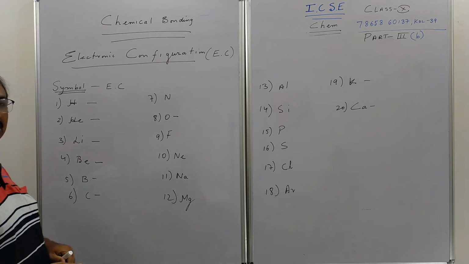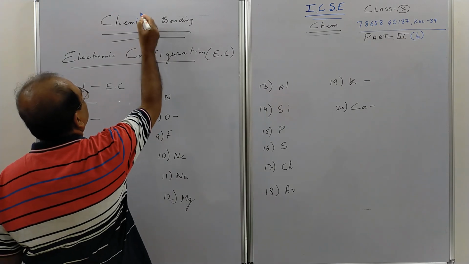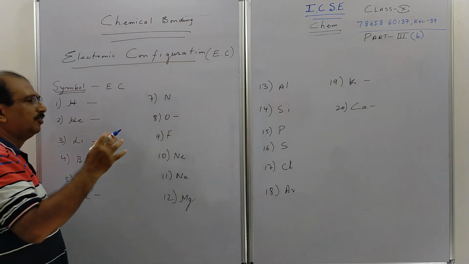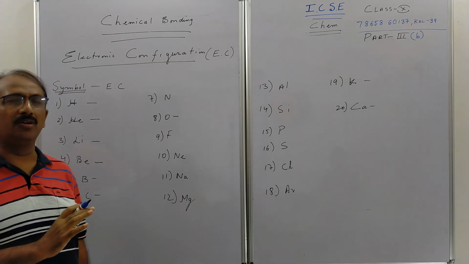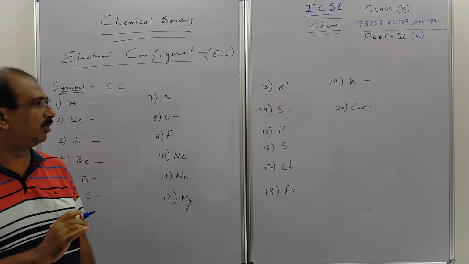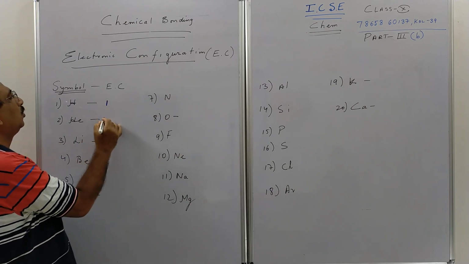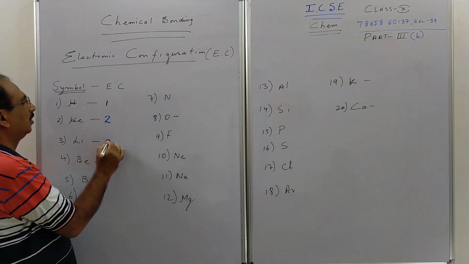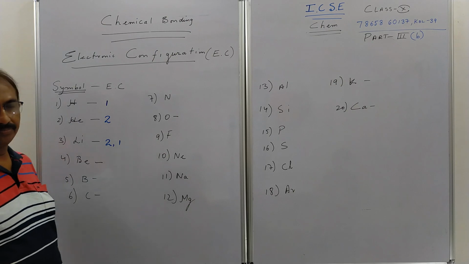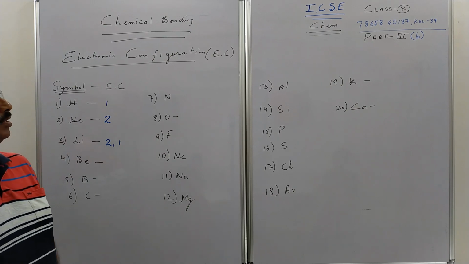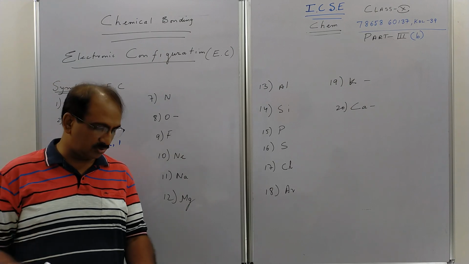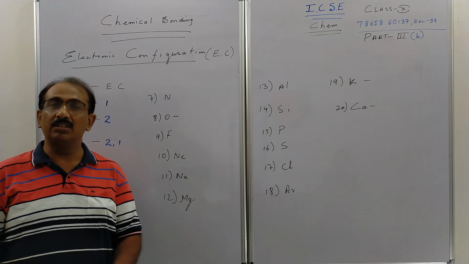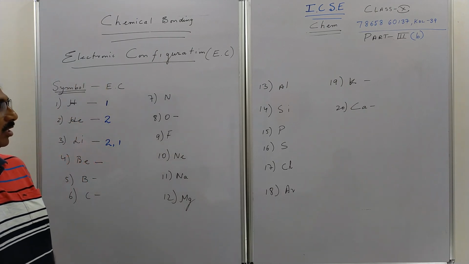Before I start the chapter, first you should know the electronic configuration of elements from atomic number 1 to 20, up to calcium, because this is a very fundamental thing and we have seen this in the periodic table also. So this has huge application in periodic table and chemical bonding.